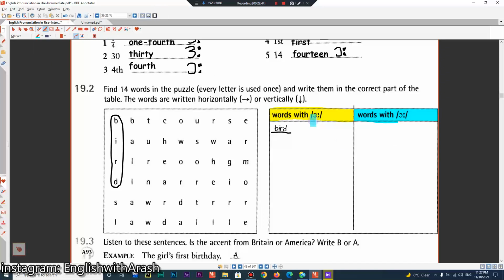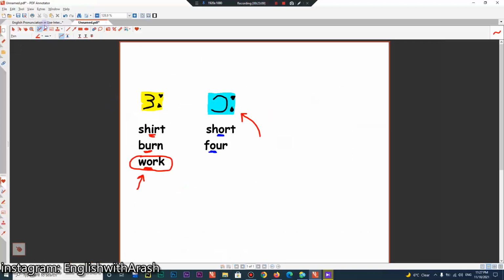Here it says every letter is used once, so I can color them for easier understanding. This is the E sound. Exactly, now it's like word. If I write word here, again you see O, but it's not O. Or for example, world.